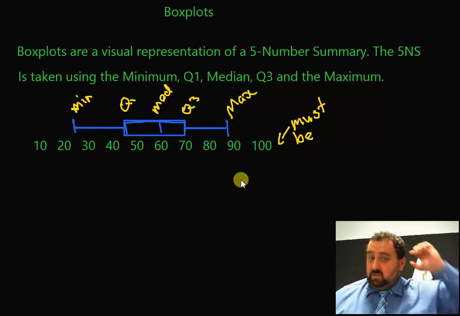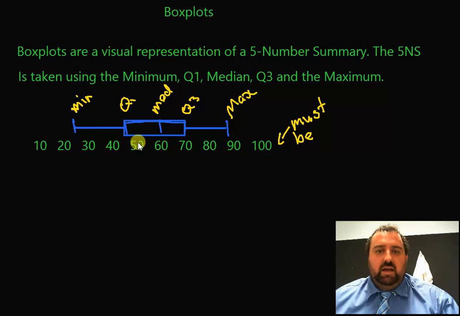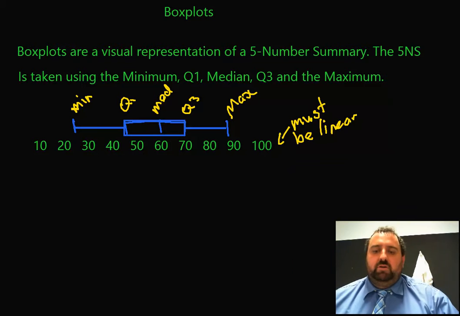Okay? Every year, there's always one person that has their number line that goes 25, 45, 60, 70, 89, which yet again makes your box plot meaningless, okay? So our number line must be linear, and then we can draw our box plot.